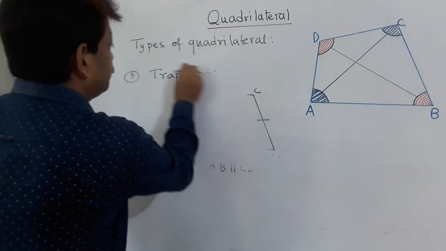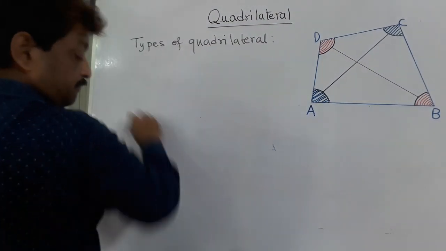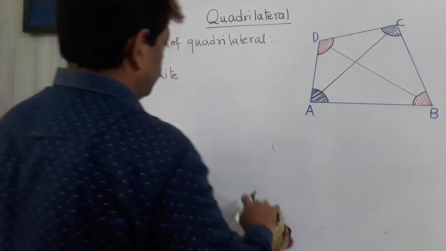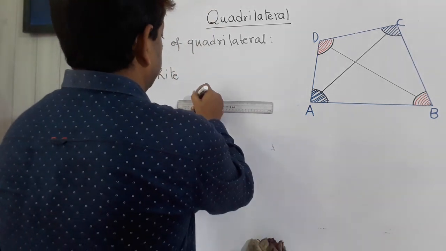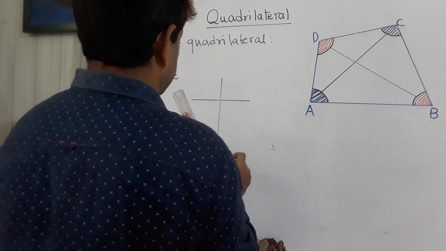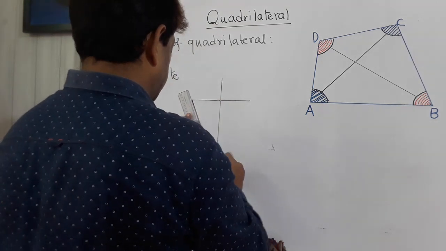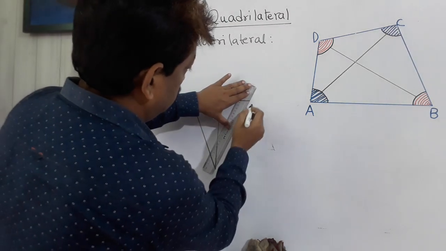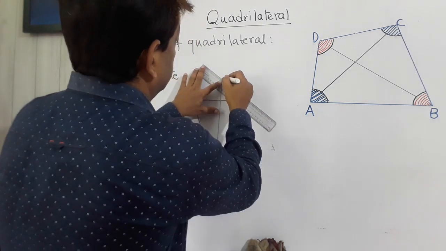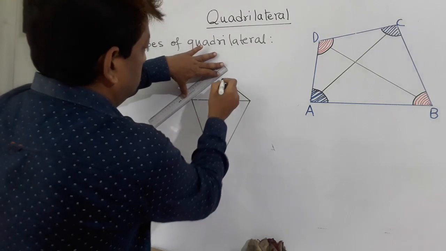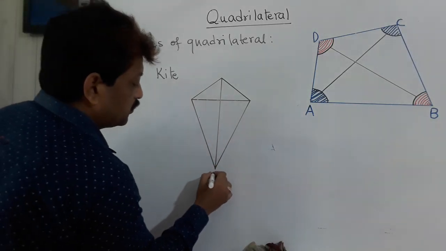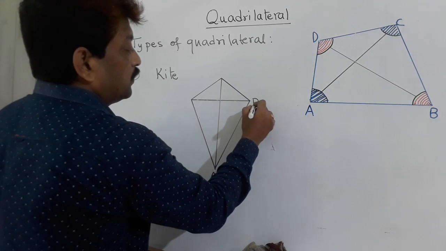One more quadrilateral is a kite. So here ABCD is a quadrilateral and it is known as a kite.